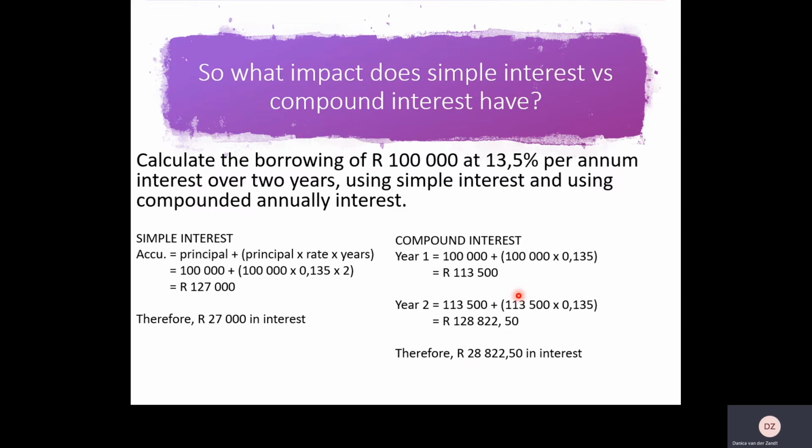We want the longest time possible. The longer it sits there, the more interest we will earn on it. So if you invest as soon as you leave school at 18 and leave it there until you're 65, that will gain a whole lot of interest while you are working, so that you can enjoy your retirement. And this ensures the most amount of interest you will receive.